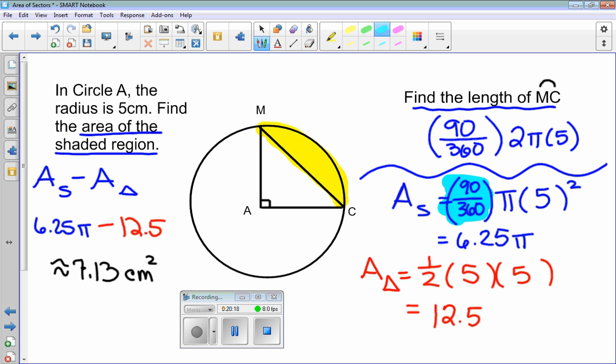That means that this is a quarter of the entire circle. So all that is a ratio, part over whole. You take whatever degree measure you have for the angle and put it over 360, and that will give you the portion of the circle we're talking about. Okay, good questions. Anything else?